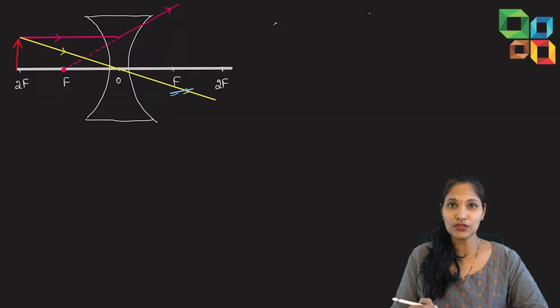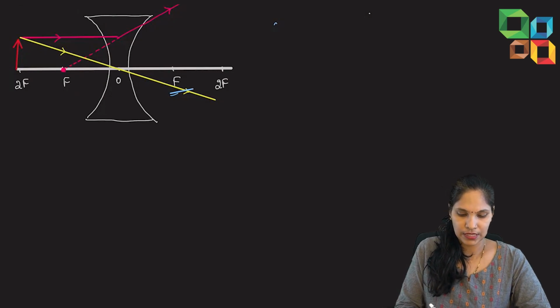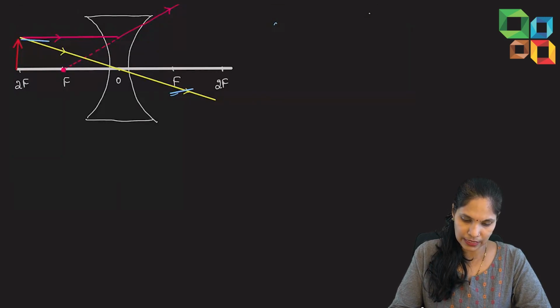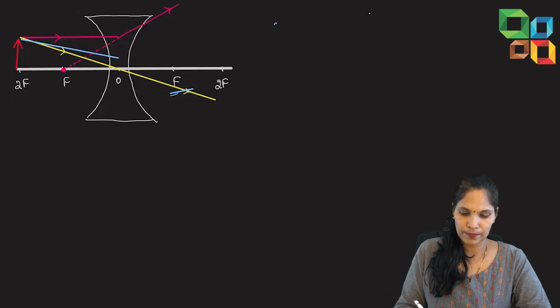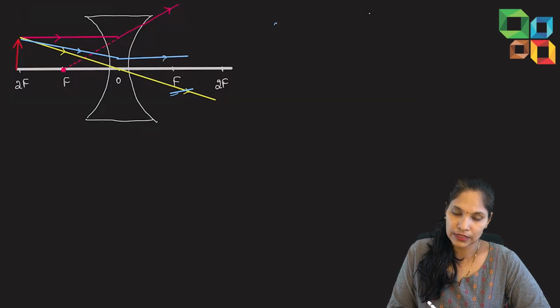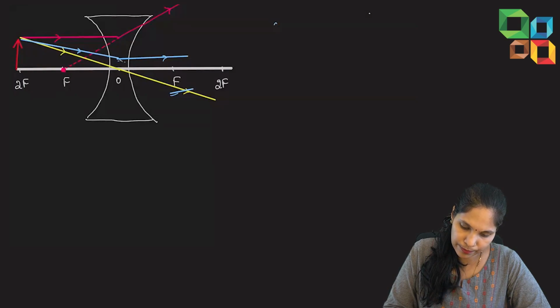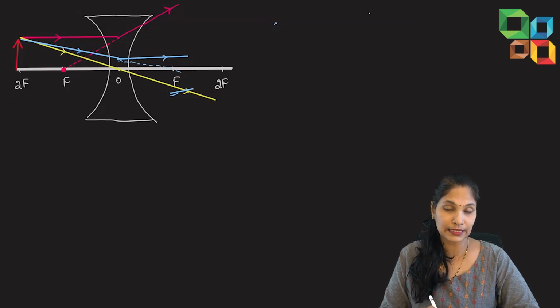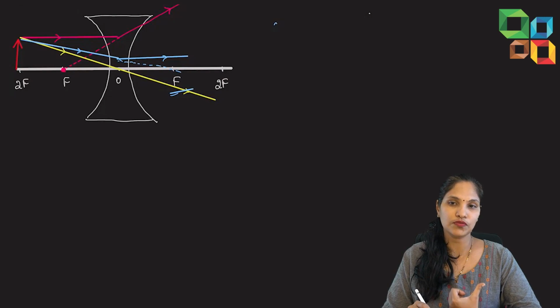A ray which seems to be going towards the second focus, it looks as if it is going to meet the second focus. Such a ray after refraction will come out parallel like this. So here also the ray appears to pass through that focus, but this time the second focus. In convex, it was the first focus; here it is the second focus.